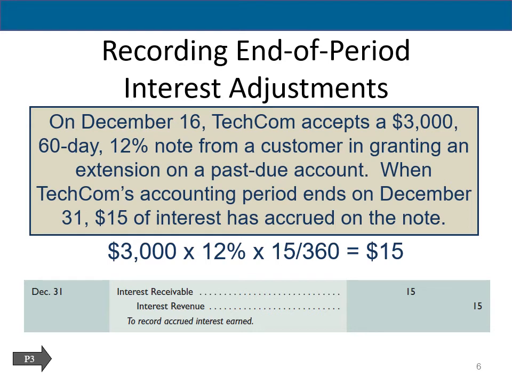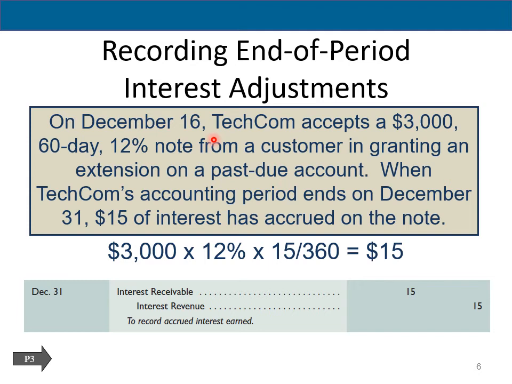When notes are issued in one year and mature in another year, we have to accrue interest to year's end. Here's one such example. On December 16th, TechCom accepts a $3,000 60-day 12% note from a customer granting an extension on a past due account.